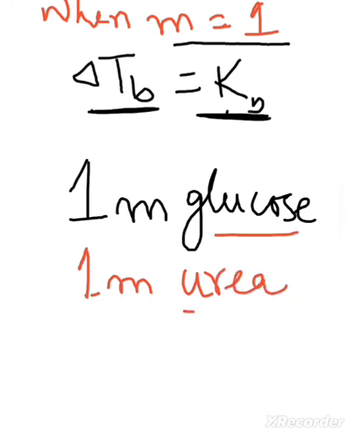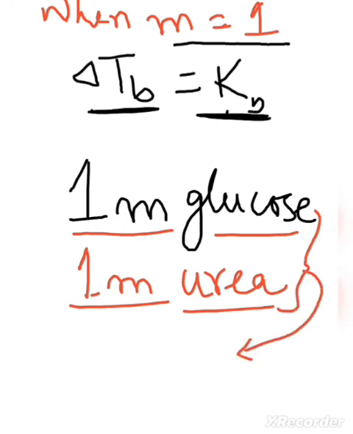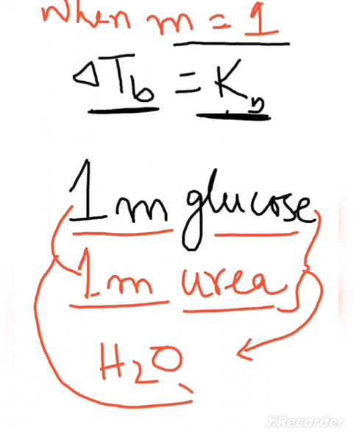Here glucose and urea both are non-volatile non-electrolyte solutes. Since their molality is the same, and both are present in water, meaning we prepare aqueous solutions, with water as the solvent, the delta TB value is the same. Clear? For equimolal different solutions, the delta TB value is the same because it is a colligative property. But the condition is that the solute does not associate or dissociate in solution.